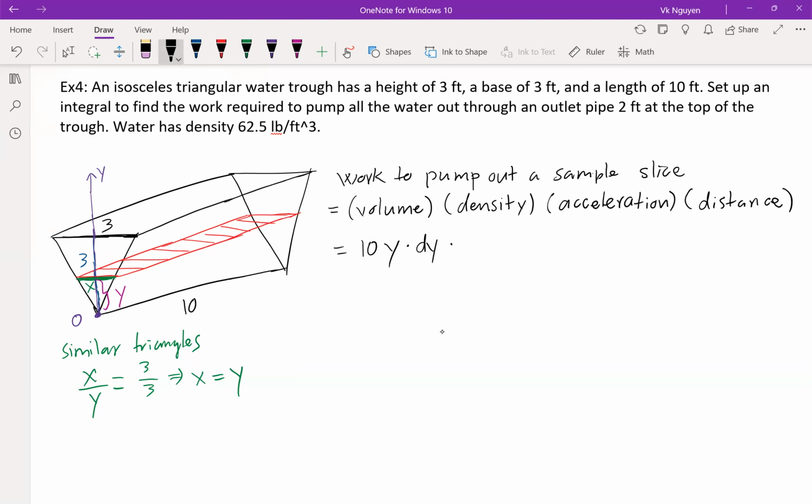So 10 y dy. Density is 62.5. We don't have the acceleration here because the unit of density is in pounds per cubic foot. So no acceleration, it's just times distance.